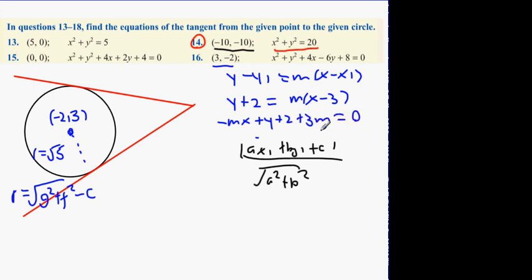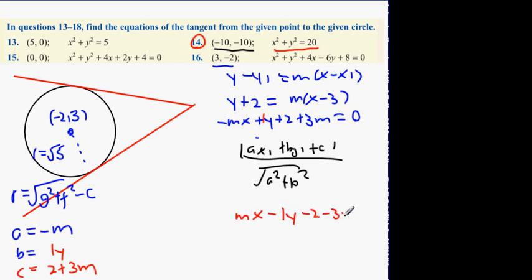Is that alright? Now you can also use the minus 1 version of that, can't you? In my answer, A is going to be minus m, B is 1y, and C is 2 plus 3m. Another person who will also get this question right could multiply all this by minus 1 and say it's mx minus 1y minus 2 minus 3m equals 0.